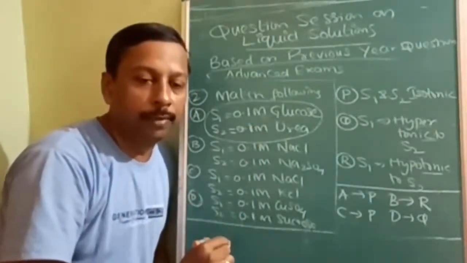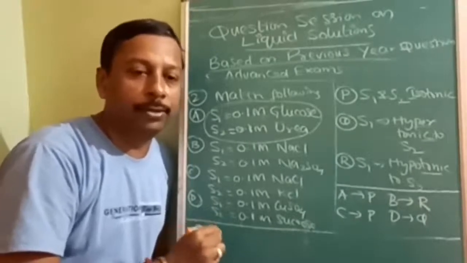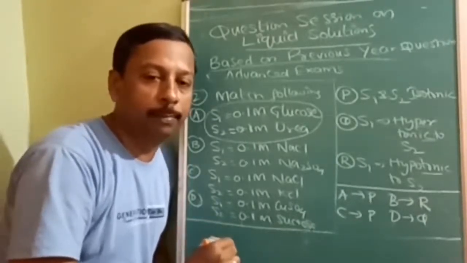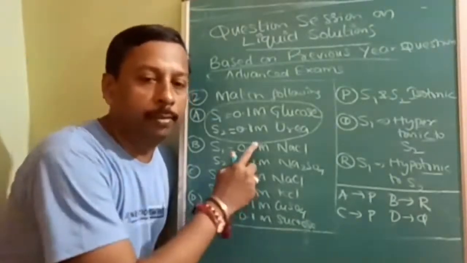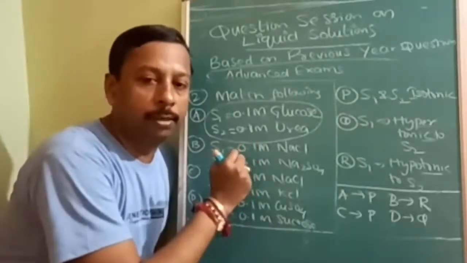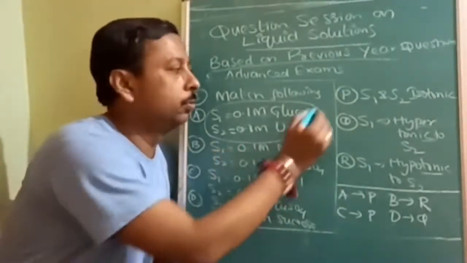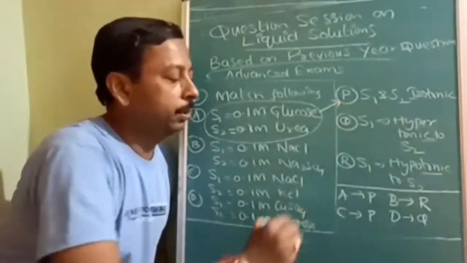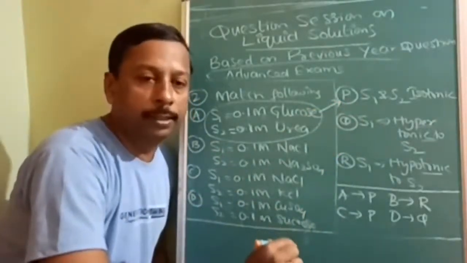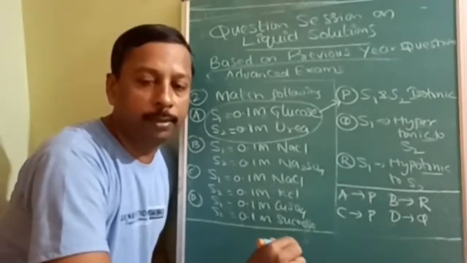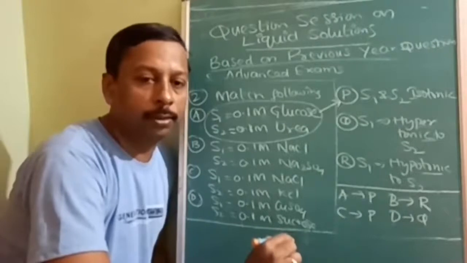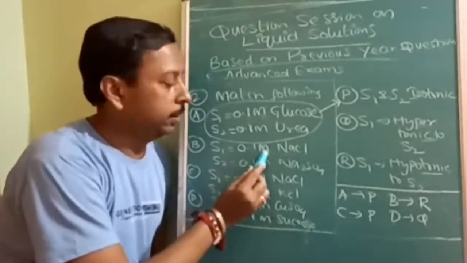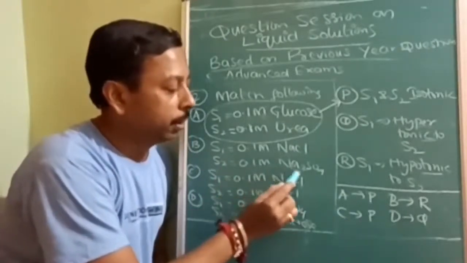No. The Van 't Hoff factor for ideal, normal solutions will be 1. So i is equal to 1 and concentration is also equal, therefore they will be isotonic. So A's answer is P. Wherever concentration is the same and the Van 't Hoff factor is the same, it is isotonic.